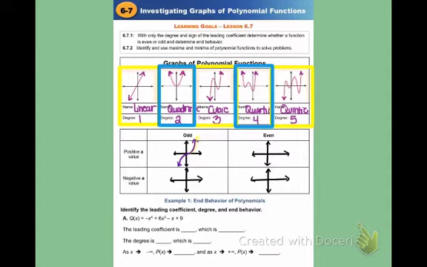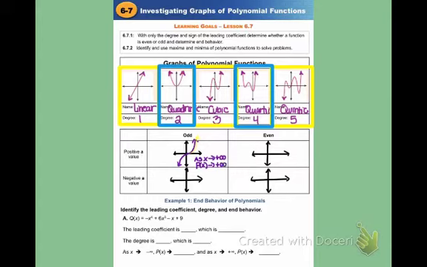We would say as x values are approaching positive infinity, in other words, positive numbers getting bigger and bigger, then the function p of x would be approaching positive infinity as well, because it's increasing and getting higher.